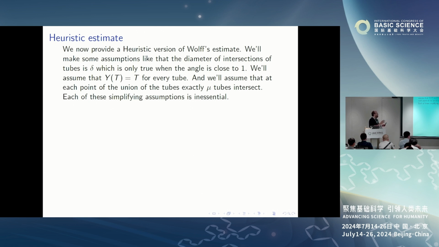In order for everything I'm saying to be true, you have to imagine various things like the diameter of intersections of two tubes is delta, which is in fact only true for tubes which intersect at large angle. But it turns out that the large angle intersections dominate and are the things one should pay attention to.